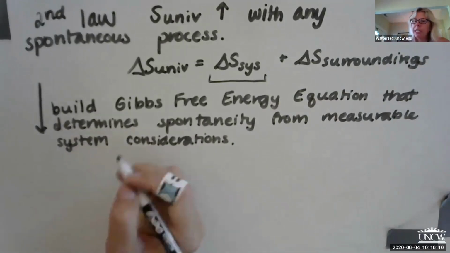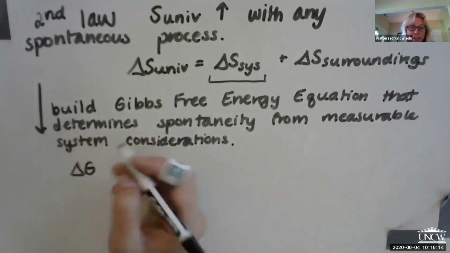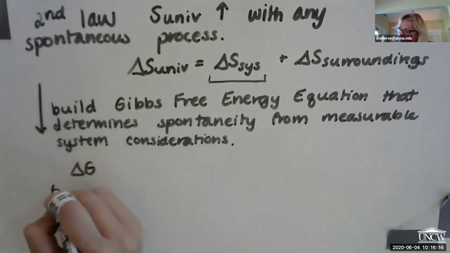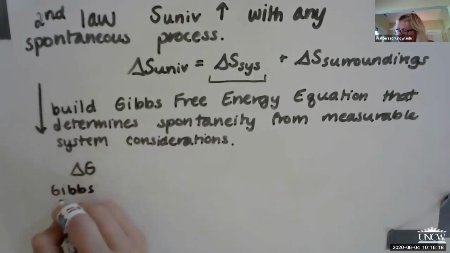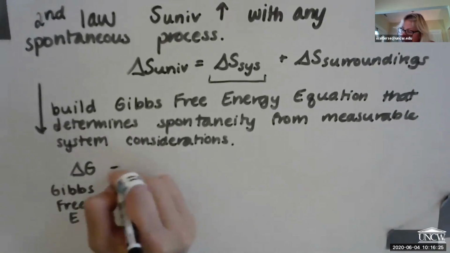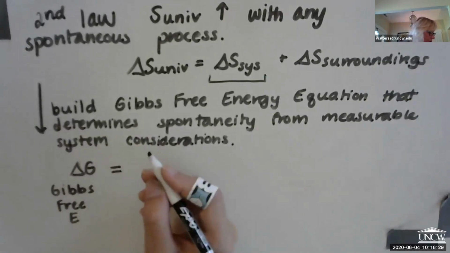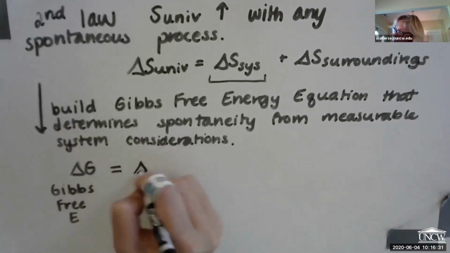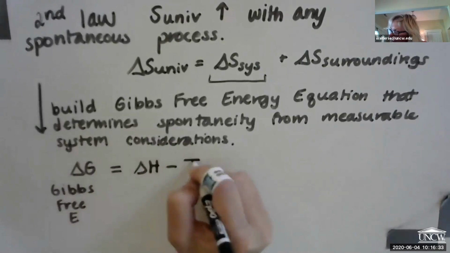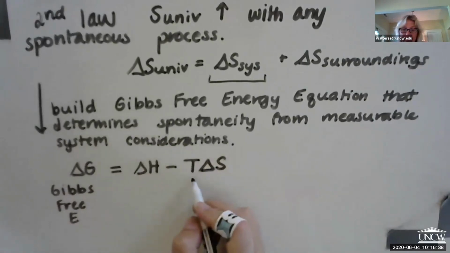Okay. So the Gibbs free energy equation is that the change in the Gibbs free energy, that's G, Gibbs free energy, and free energy is the amount of useful energy you can get from a system, is equal to delta H minus T delta S, where T is the temperature in Kelvin.